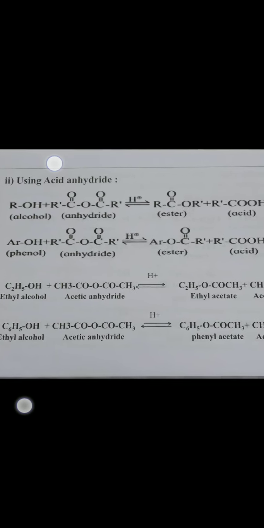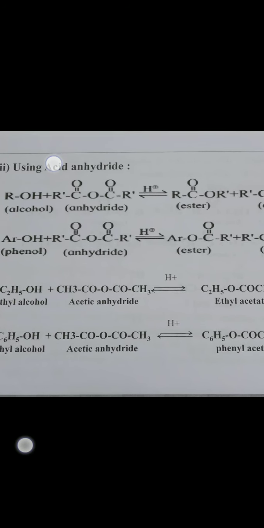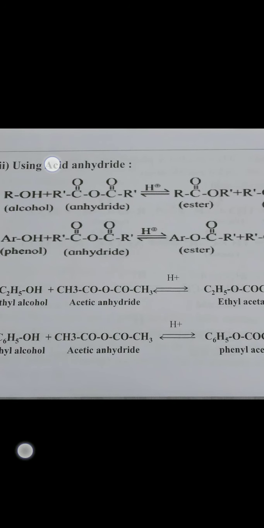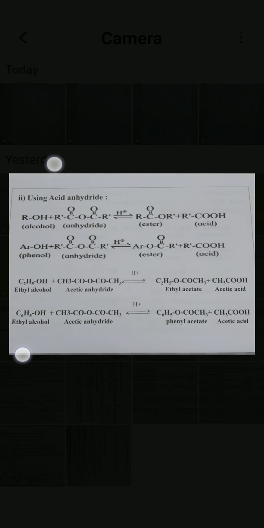C6H5OH, that is phenol, reacts with acetic anhydride (CH3CO)2O to give CH3COOC6H5 plus CH3COOH, phenyl acetate and acetic acid.